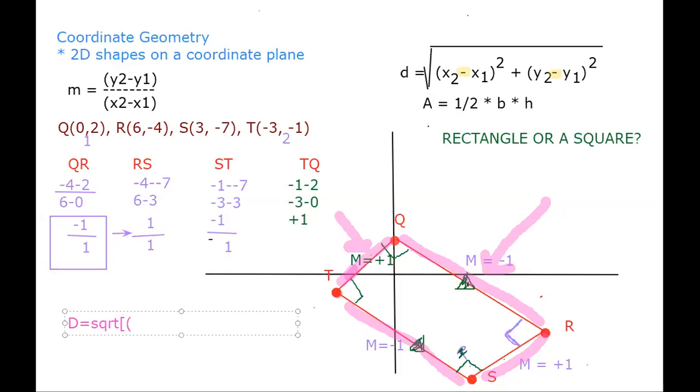So x2 minus x1, so -3 minus 0, quantity squared, plus y2 minus y1, -1 minus 2, quantity squared, and it's the square root of that whole piece. So go ahead and put that into your calculator. See what you get.